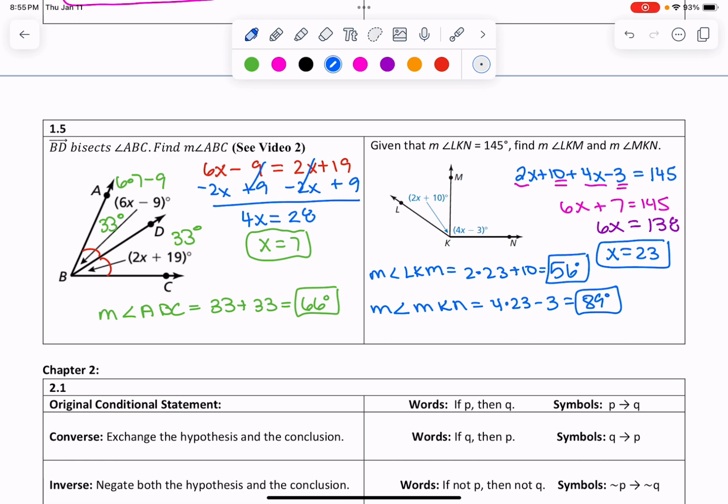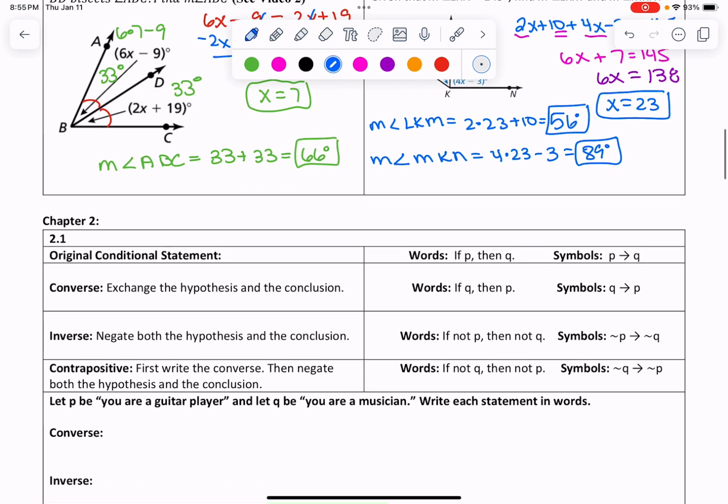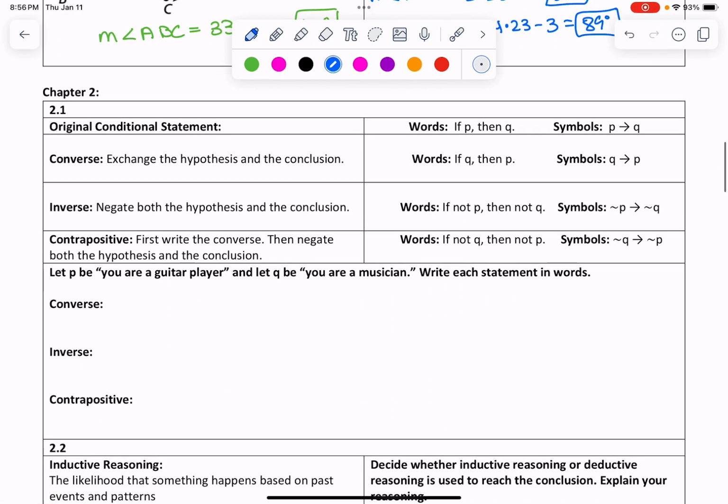In chapter 2, we looked at our logic rules. If you remember your Give a Mouse a Cookie project, we took a look at our different inductive and deductive reasonings and our different ways of saying our different statements. The first thing we want to look at is an original conditional statement. It's converse, inverse, and contrapositive.